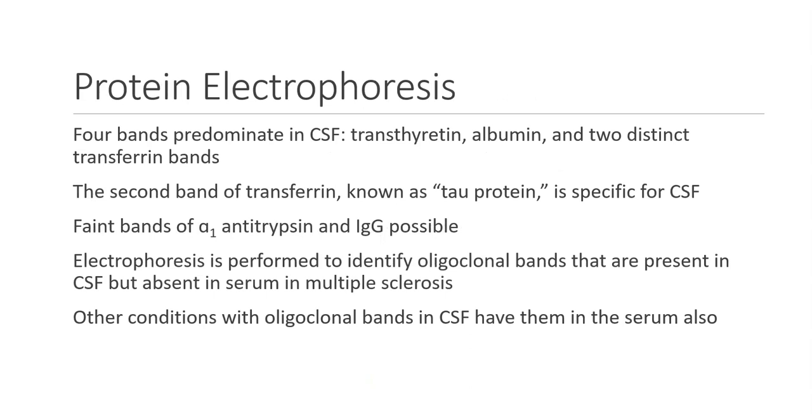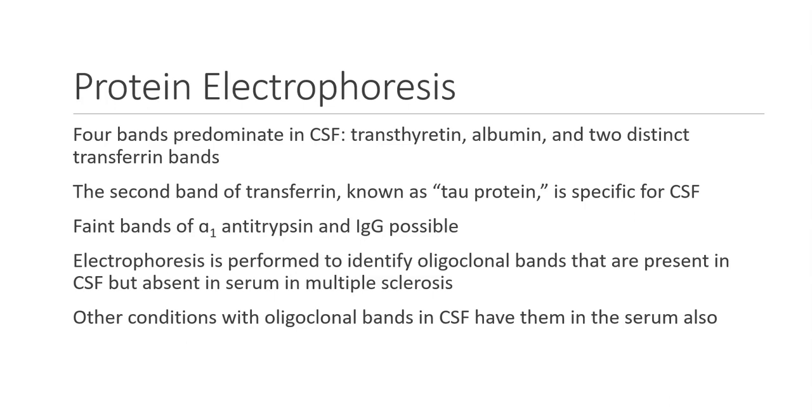CSF protein electrophoresis may be done, and in a CSF sample there are 4 bands that will predominate: transthyretin, albumin, and 2 distinct transferrin bands. The second band of transferrin is known as the tau protein, and it is specific for CSF. Faint bands of alpha-1 antitrypsin and IgG are also possible.